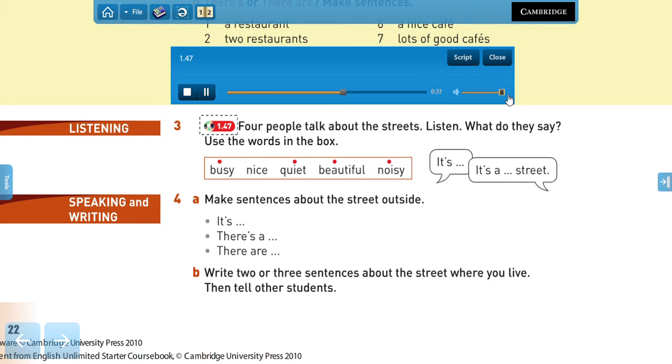C. It's a beautiful street. There are old houses and a few shops, and there's an old church. D. It's a noisy street. There are no cars, but there are lots of people. And there are lots of shops, so it's always busy.